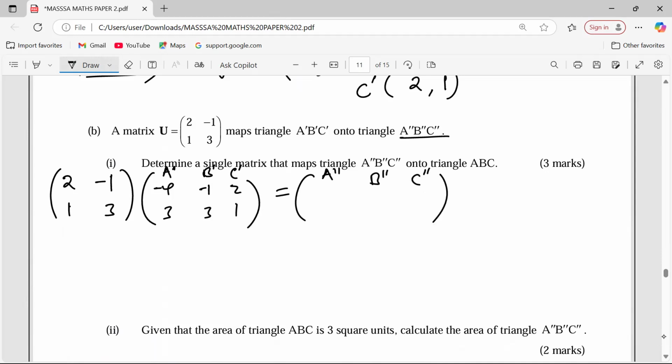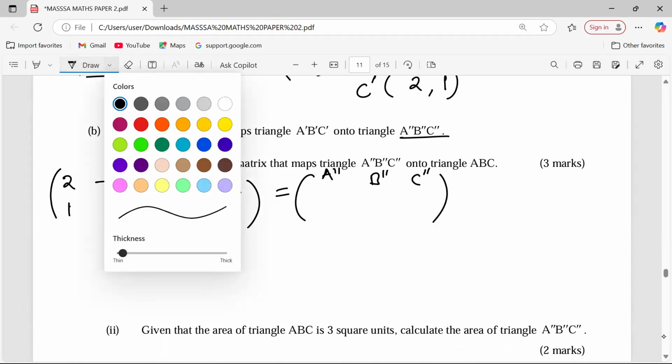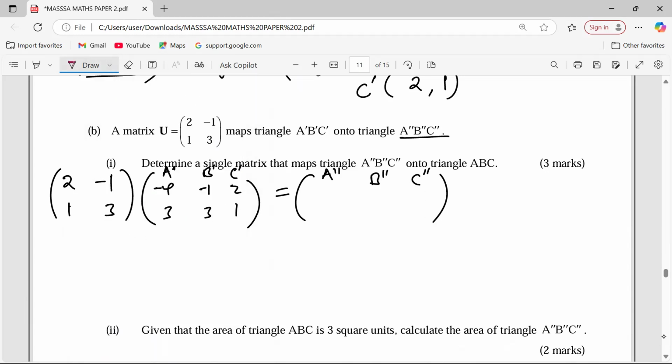After multiplying by this matrix of transformation, we'll get A double prime, B double prime, and C double prime. So let's check what we shall get here. We begin with the first element. This row multiplied by the first column here, we'll get the first element. So I write in my calculator 2 into negative 4, then negative 1 into 3. That way, I get negative 11.